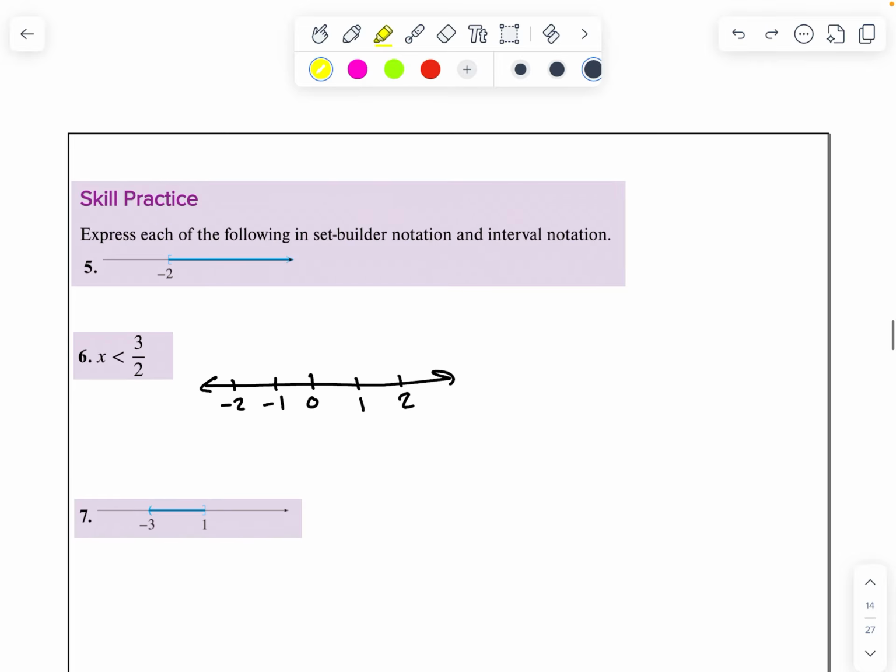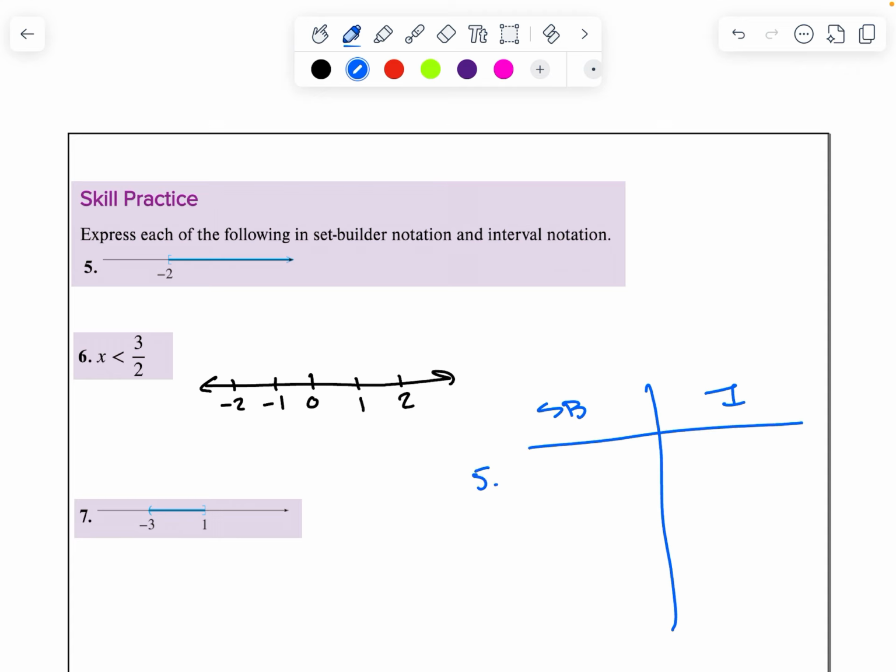Let's write these in set builder and interval notation. We're trying to do both. So for question number 5, our set builder notation. Remember, set builder always has the swirly brace, the set of x such that, and every number that's shaded here is greater than or equal to -2.